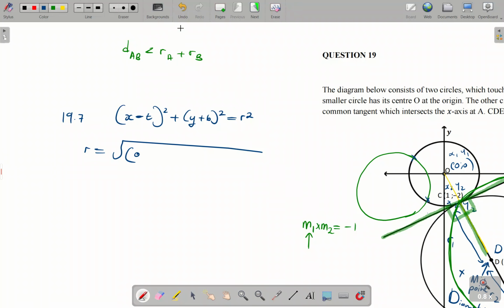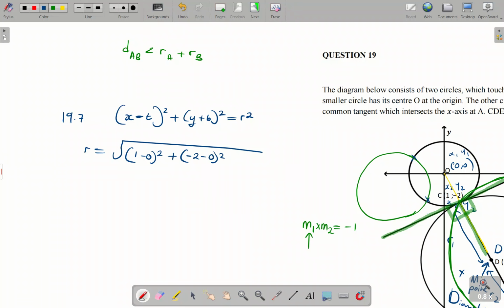No, that's 1. You can see for C there, x2 is 1, so 1 minus 0 squared, plus y2, which is -2 minus 0, squared.